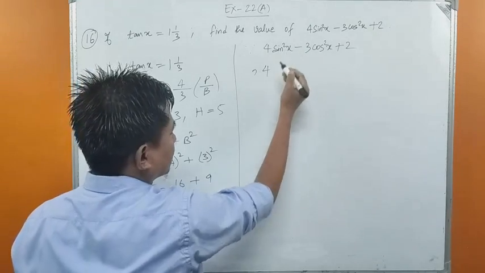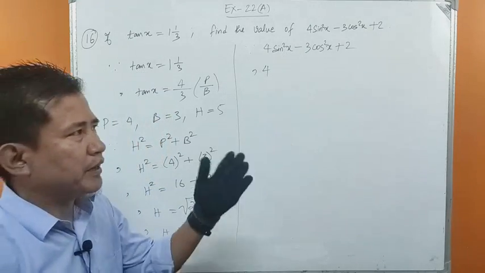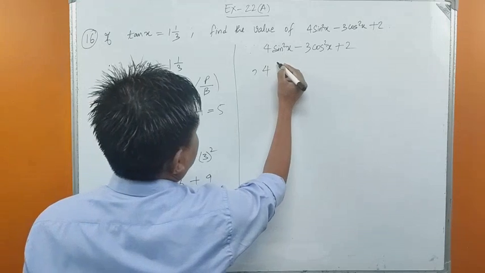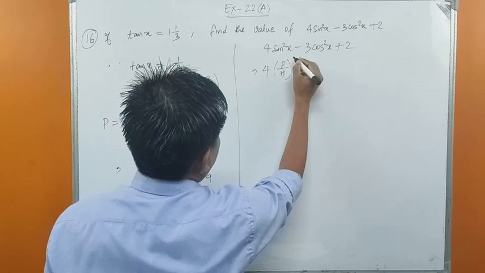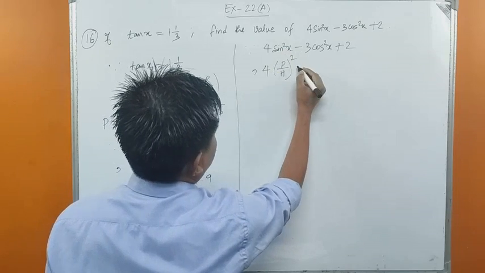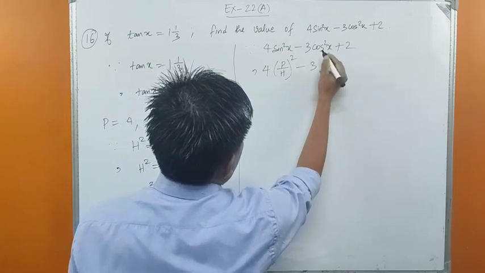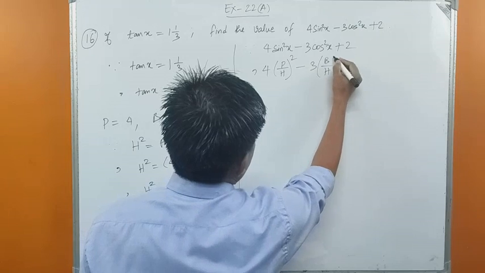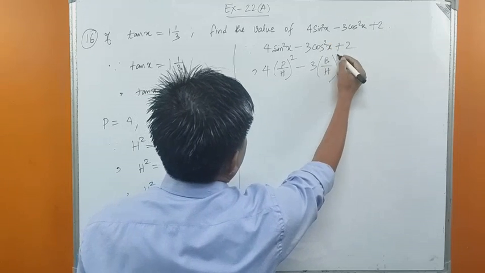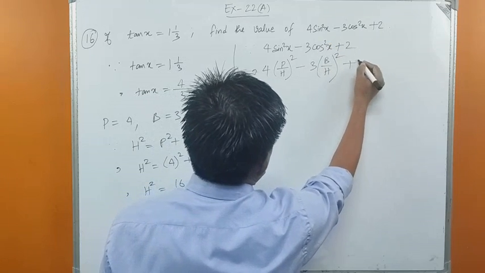Sin theta means perpendicular upon hypotenuse, so p by h whole square, we have squared here. Minus 3, cos theta means base upon hypotenuse, so we put square here also, plus 2.